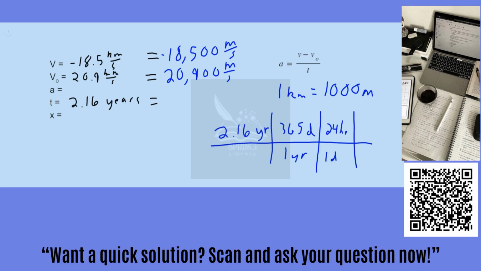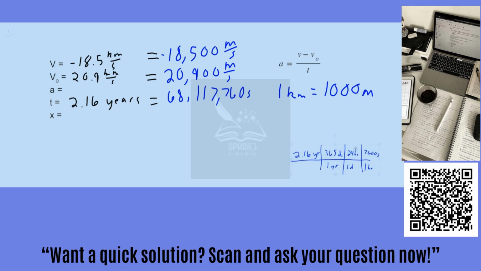Then the number of seconds in an hour, which is a useful number to keep in your head, is 3,600 seconds. And when we multiply all that across, 2.16 times 365 times 24 times 3,600, we end up with the staggeringly large amount of 68,117,760 seconds.